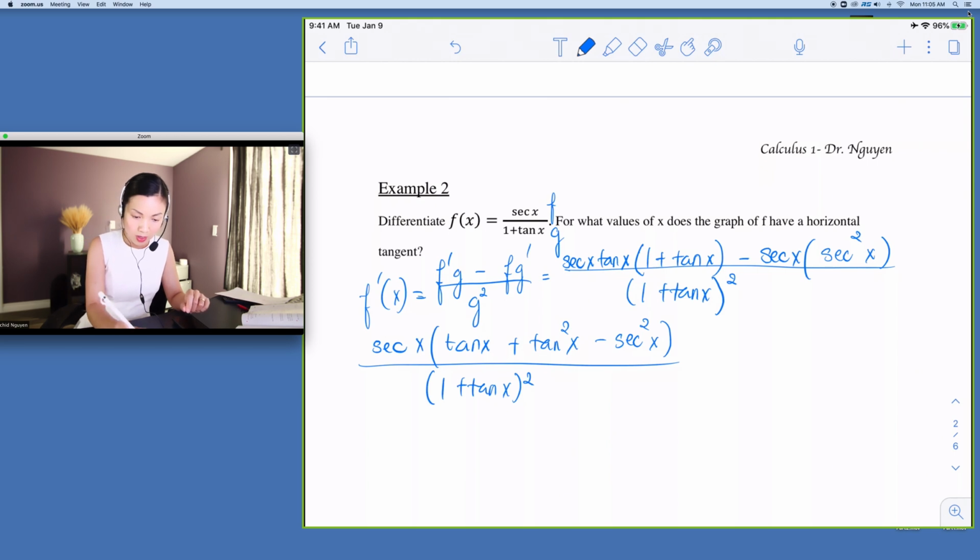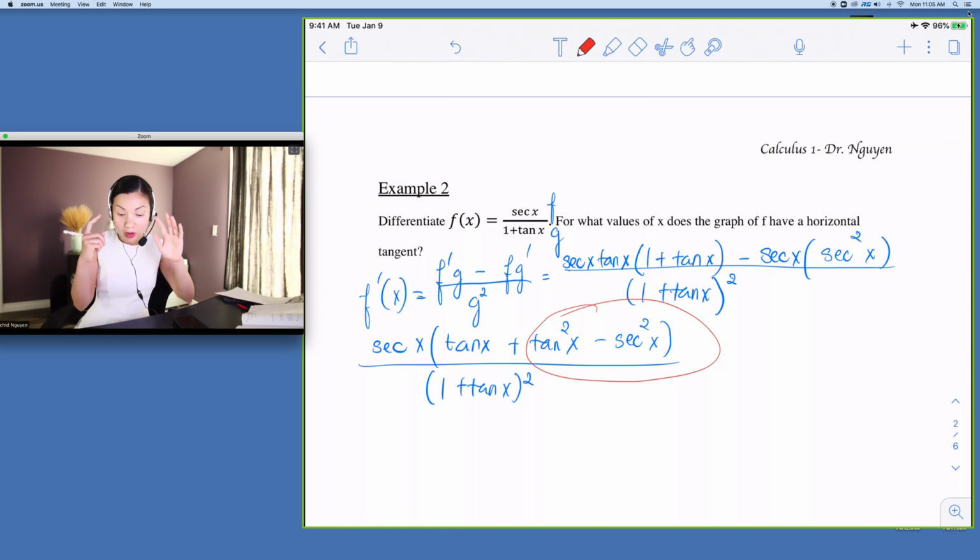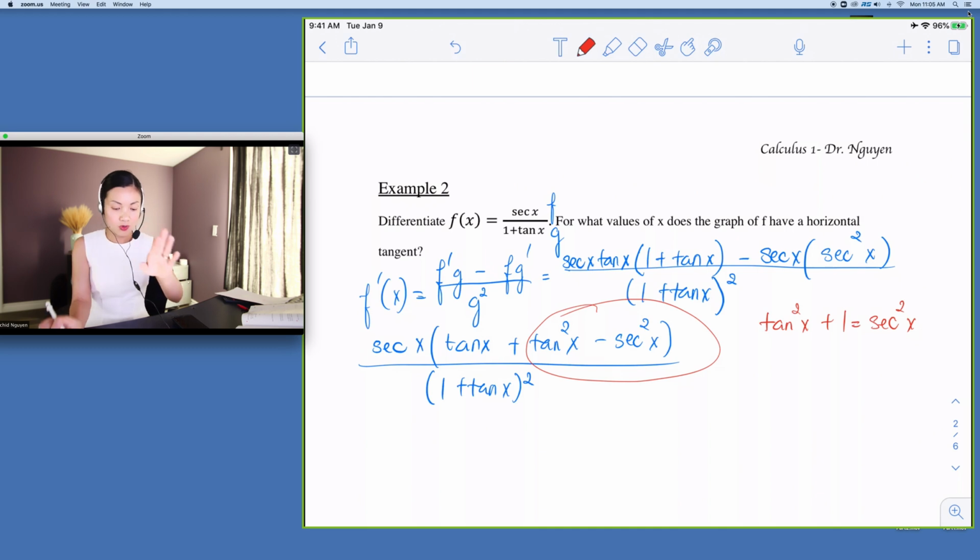Hopefully you remember this one, or at least you recognize it somewhere. So recall tangent squared of x plus 1 is going to give you secant squared of x. So you can see that if you rearrange it, tangent squared of x minus secant squared of x is going to be -1.